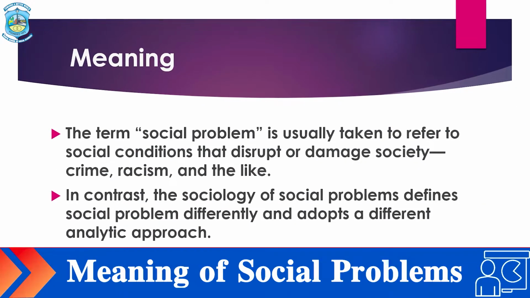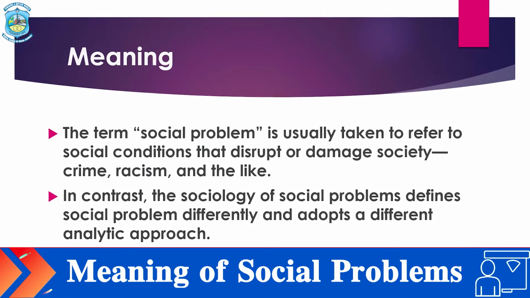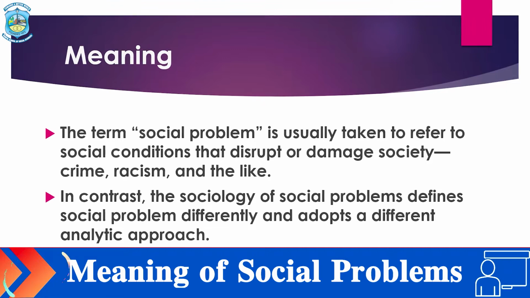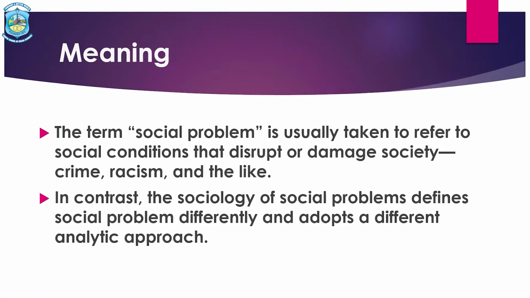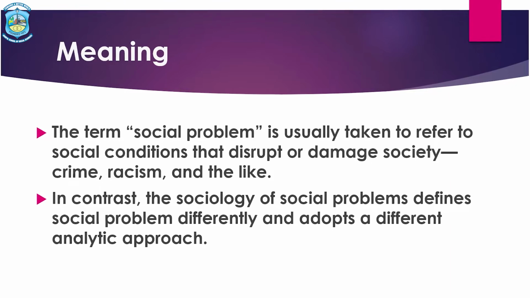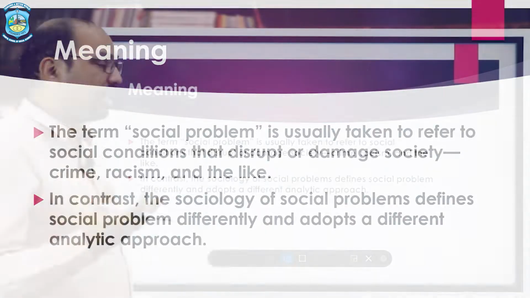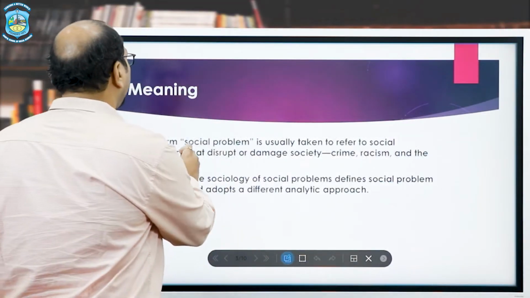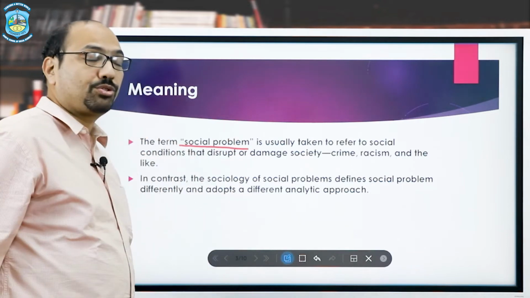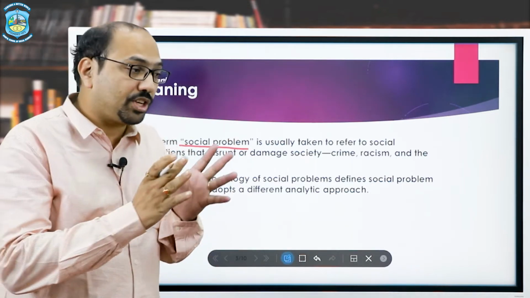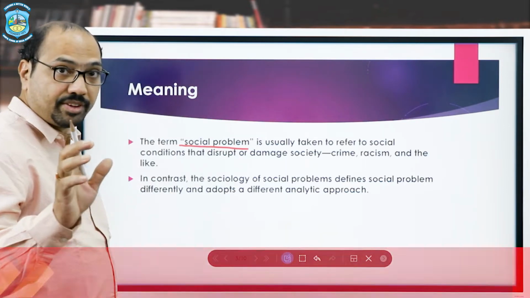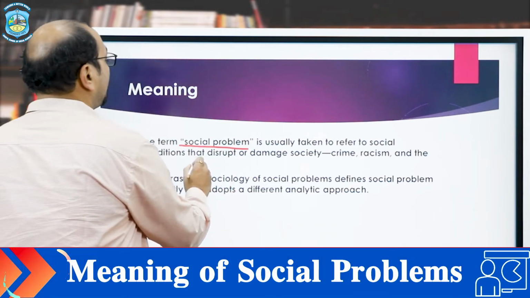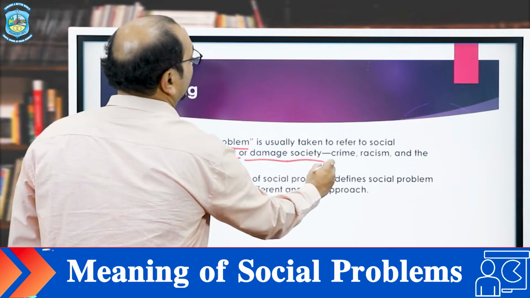Now let us try to understand some of the important meanings that this particular term carries. Again, the central theme of defining social problems comes into play here. That is, a condition or a social situation can be termed a social problem if and only if it has the potential to disrupt or damage society.